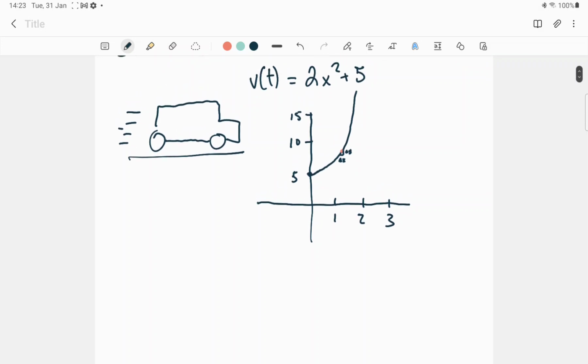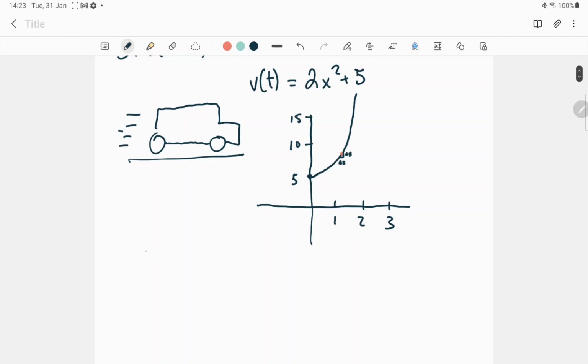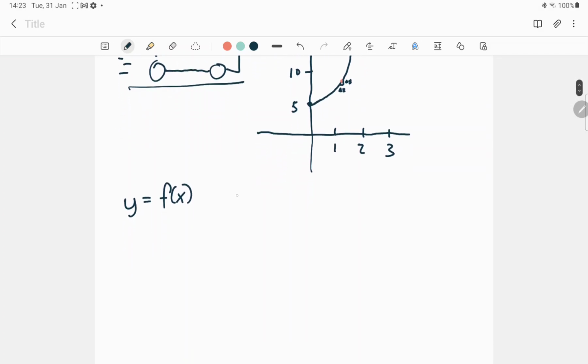So writing this in a new fashion, I can say y is equal to f of x. This is just this written in a basic form. And I'm saying, I'm taking a small change in our y, and likewise I'm getting a small change in our x value, delta x and delta y.